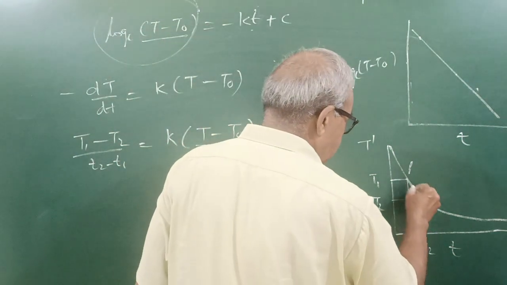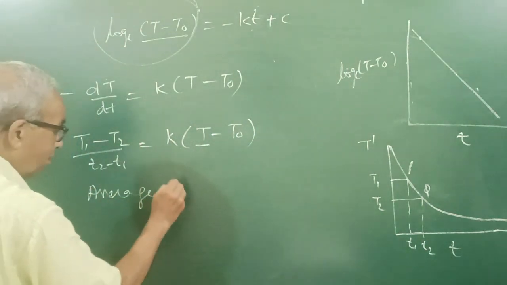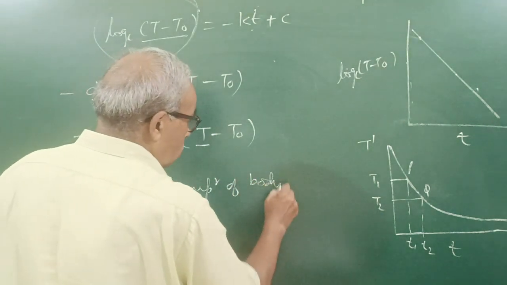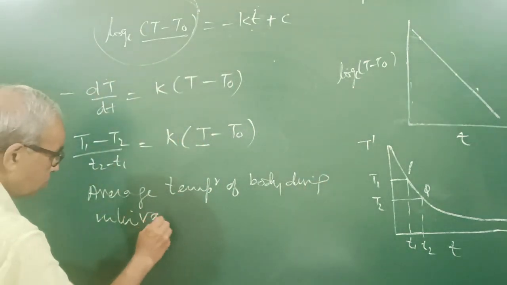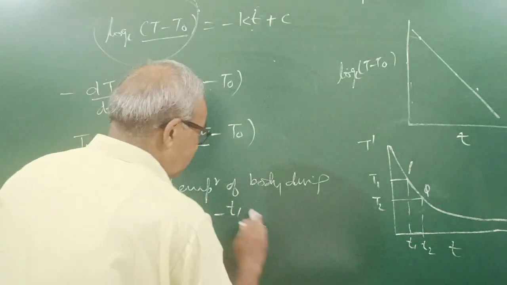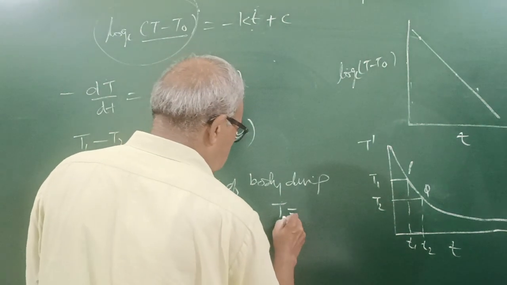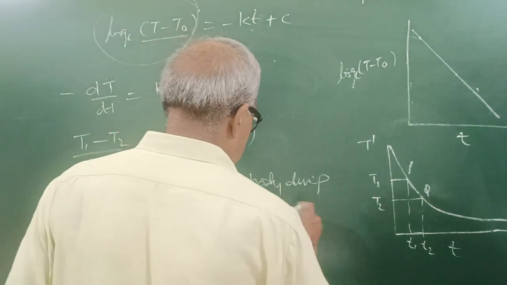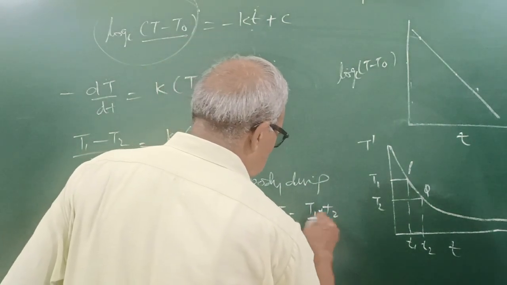T is the temperature of the body. During this time interval, the average temperature of the body during the interval t2 minus t1 is T average, equal to (T1 plus T2) by 2.